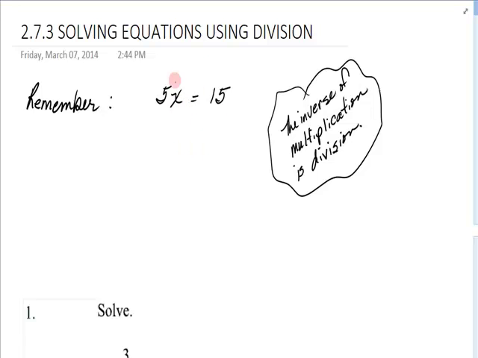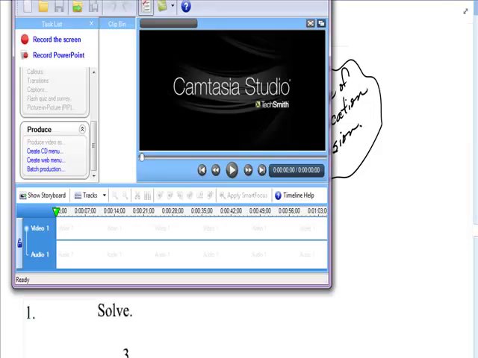We have an equation. It's got a left side and it's got a right side, and I like to put this barrier, and I want this to say x equals. I look at it and say, well, what's going on between the 5 and the x?